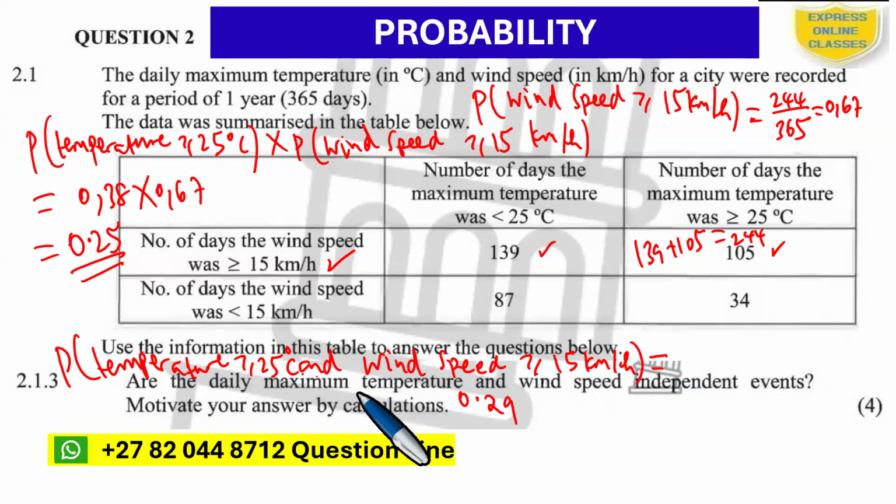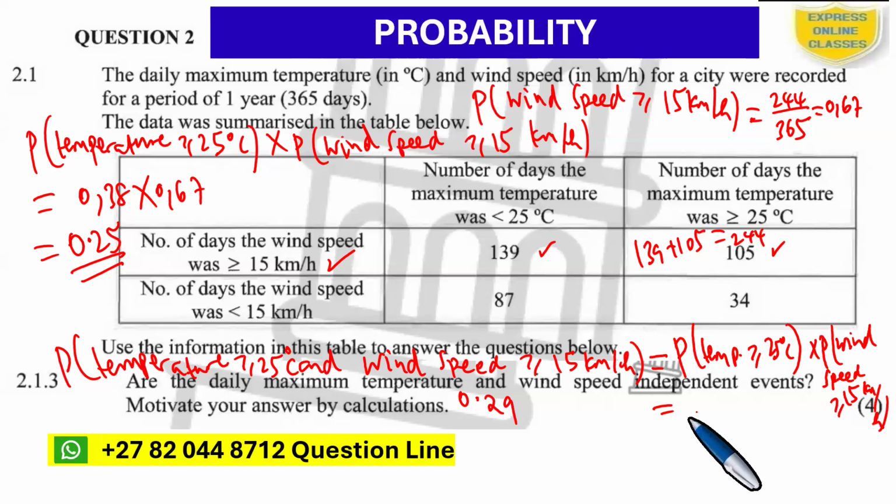But this one, when you multiply them, the probability of temperature at least 25 degrees Celsius times the probability of wind speed at least 15 kilometers per hour, you will therefore have the product of these, which is 0.25.